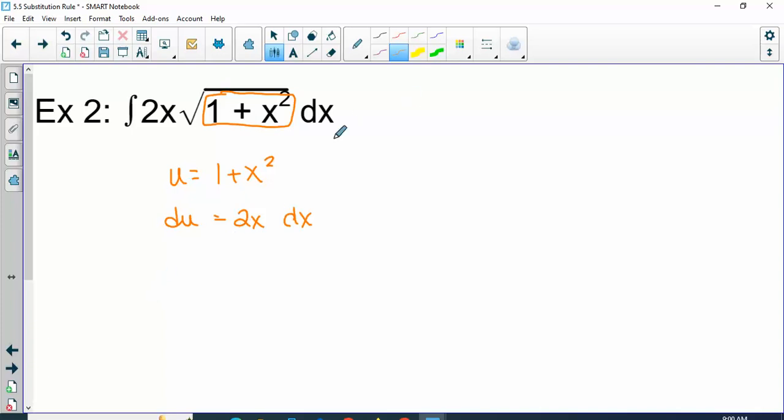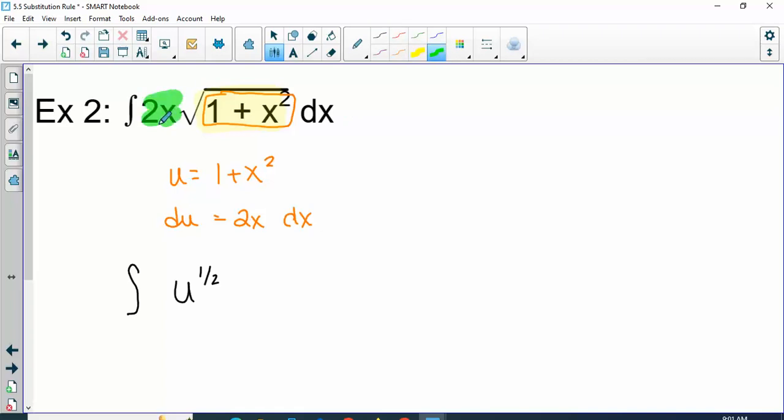So now my goal is to go back to my original problem and write it without any x's. I had a square root of 1 plus x squared. What will that become? Square root of u. Or could I write it as u to the 1/2?